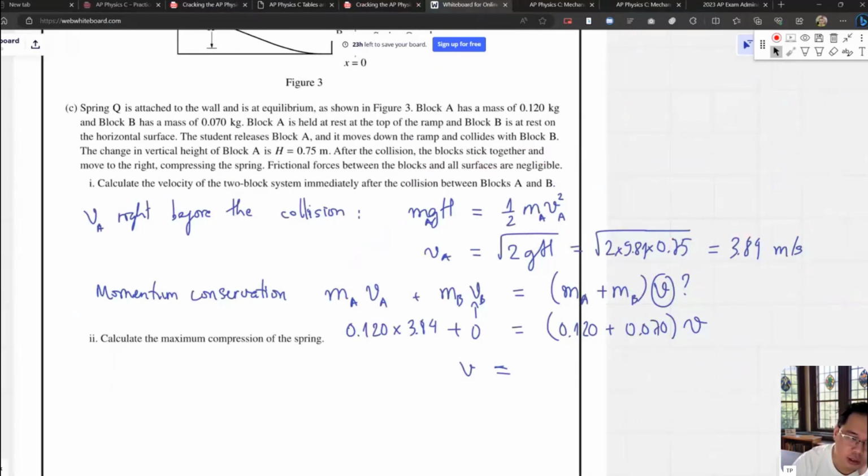20.8. That's fast. It doesn't make sense because the speed of A before the collision is only 3.84. It should be smaller than 3.84 because the mass is now combined. Take this value on the left and divide by the total mass.